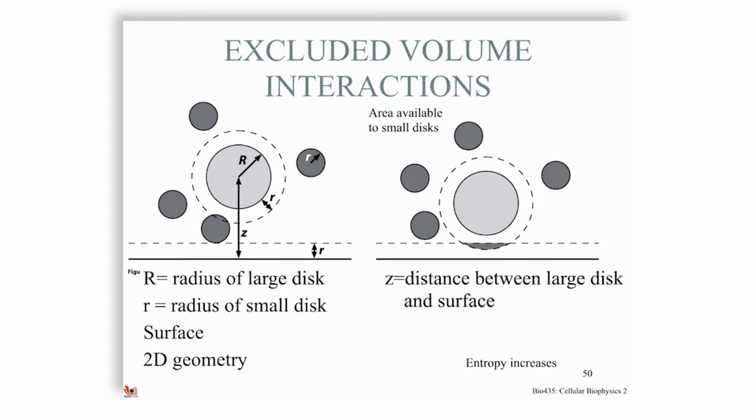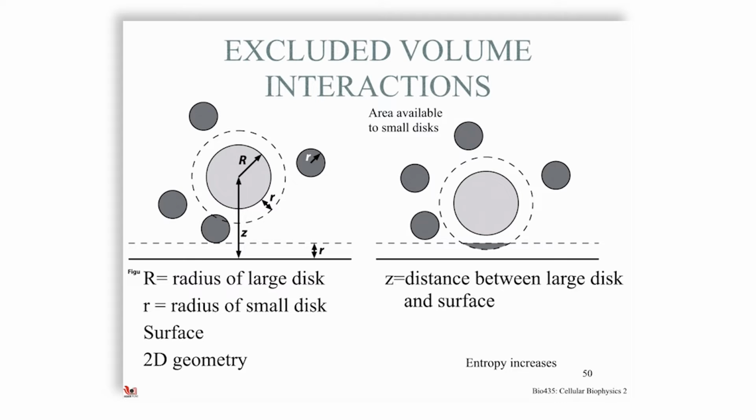So we consider R capital to be the radius of the large disk, R small to be the radius of the small disk in a two-dimensional geometry, and Z as the distance between the large disk and the surface, this solid line here. In such a case, and I asked this rhetorical question earlier, where does this volume exclusion force arise?